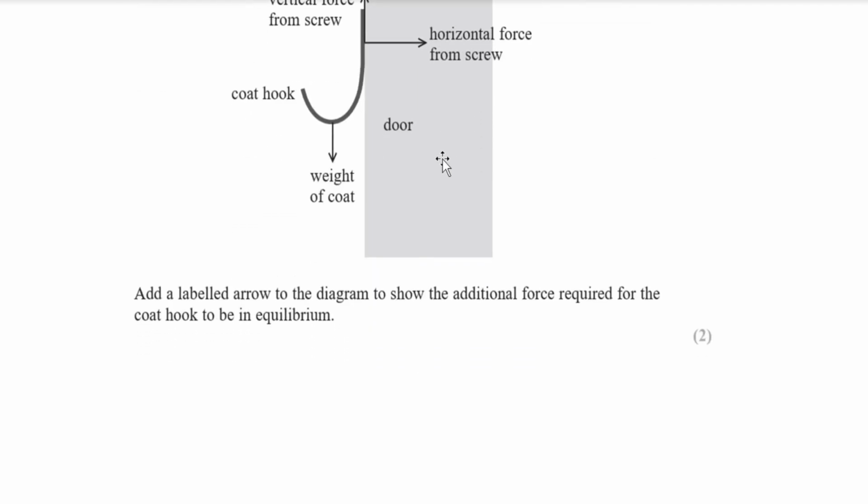Add a labelled arrow to the diagram to show the additional force required for the coat hook to be in equilibrium.